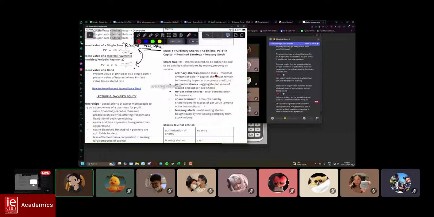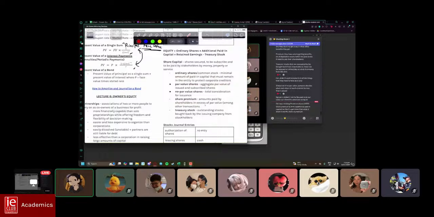Since the ordinary shares come from the par value paid for stocks, when you have par value shares, the people who buy them have a minimum. If they want out of the company, they are guaranteed at least that amount, the par value that they paid for the stocks. Then the share premium is when they buy into your company, they're paying more than the par value because they believe in your company.